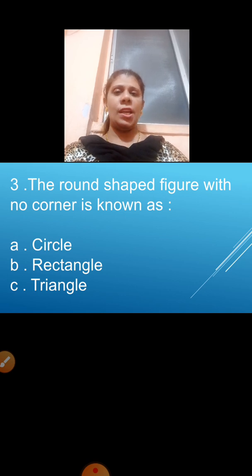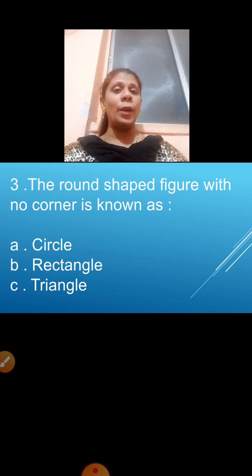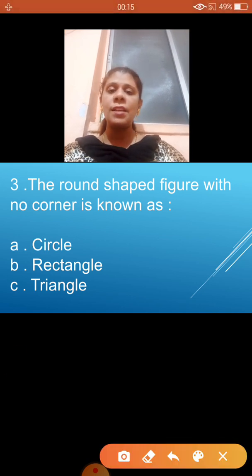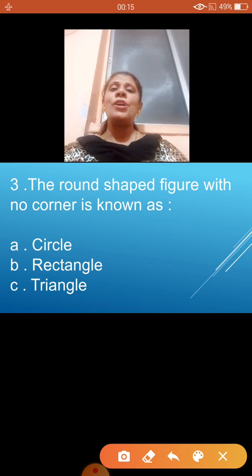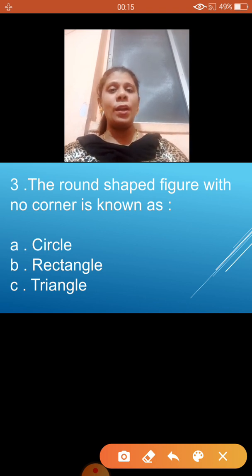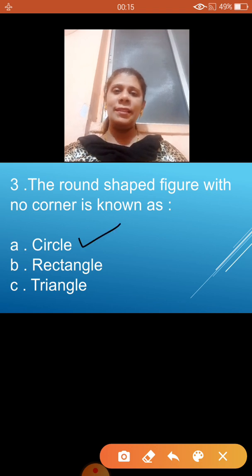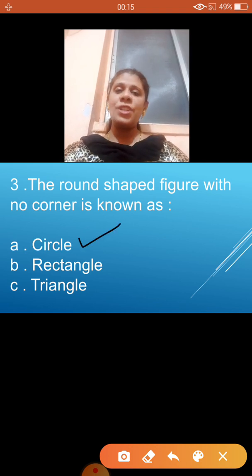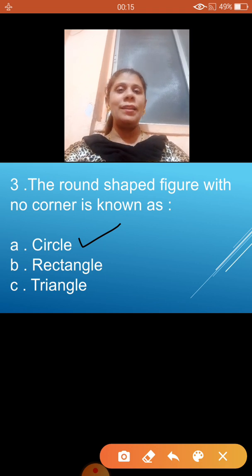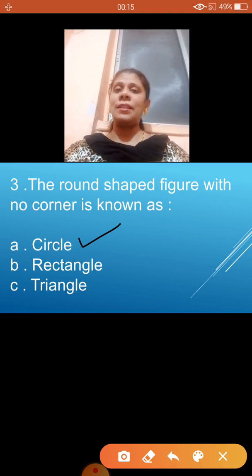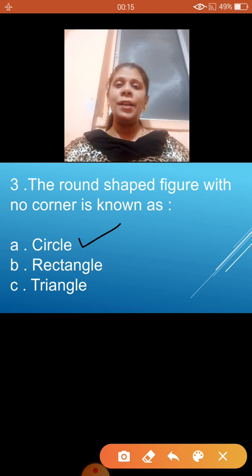Now from these three shapes, that is circle, rectangle and triangle, which shape is round? Yes, tell me. Which shape is circle? Correct. So the round shape figure with no corner, that means circle has no edges and no corner. So the round shape figure with no corner is known as what? Circle. Correct? The round shape figure with no corner is known as circle because the circle has no edges and no corners.